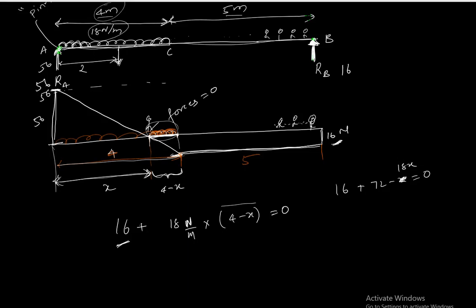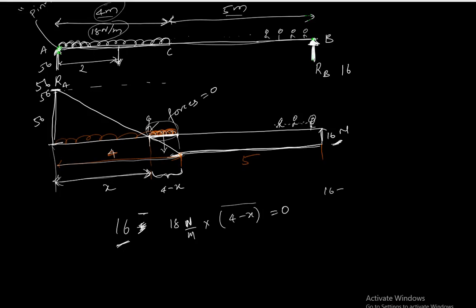Oh, sorry, this should be negative, because this 16 is acting up and this weight is acting down. Sorry. Right. So 16 minus, let me just erase that and rewrite it. Okay.